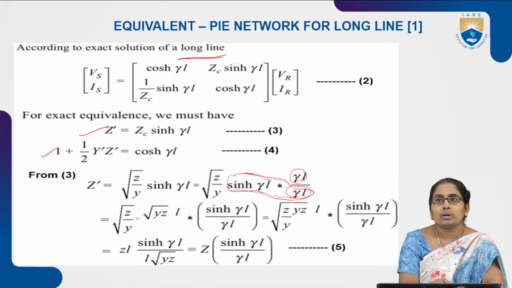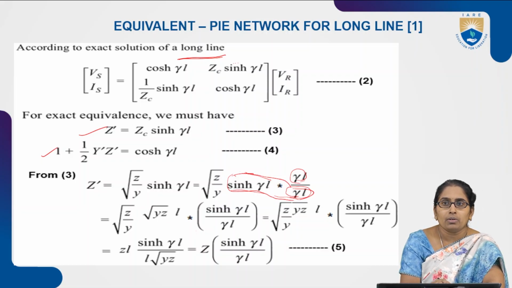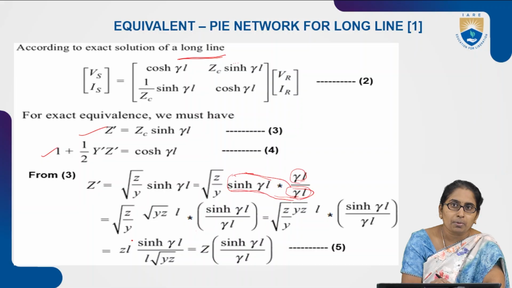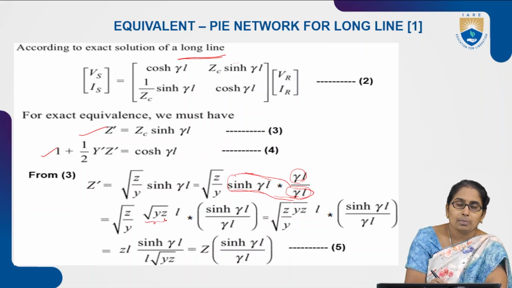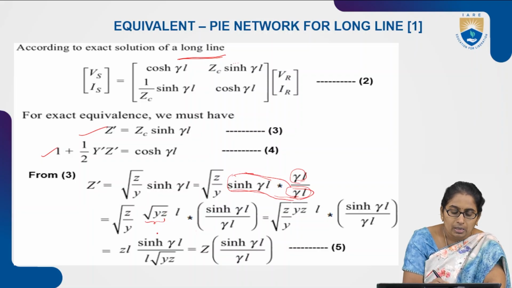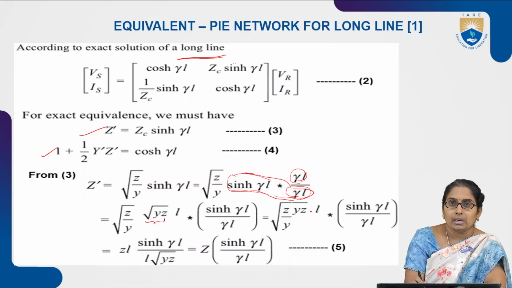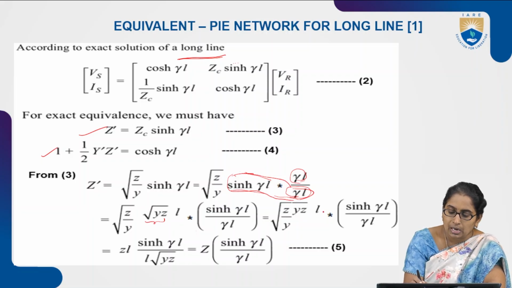Now we know from the definition how gamma is given. It is called the propagation constant, given as the square root of small z into small y. So cancelling small y in numerator and denominator, square root of small z into square root of small z becomes small z, into l.